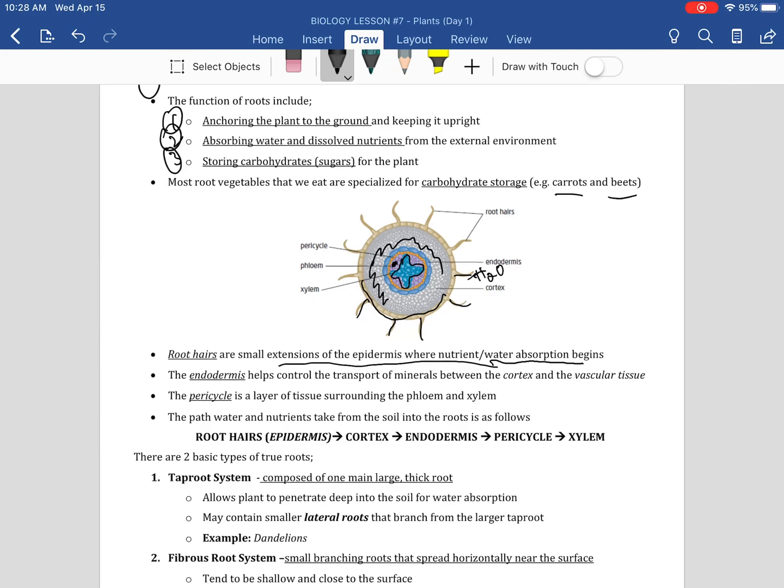The path that the water and the nutrients take from the soil, so if this is the soil, this is the external environment, it goes into the root hair, which is also the epidermis.